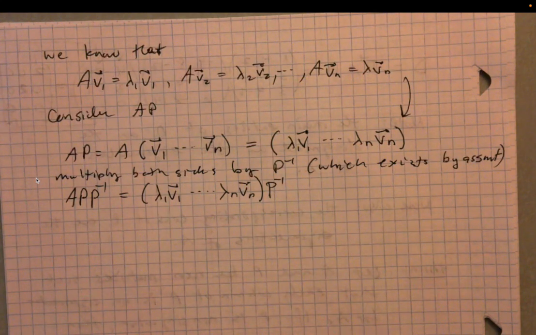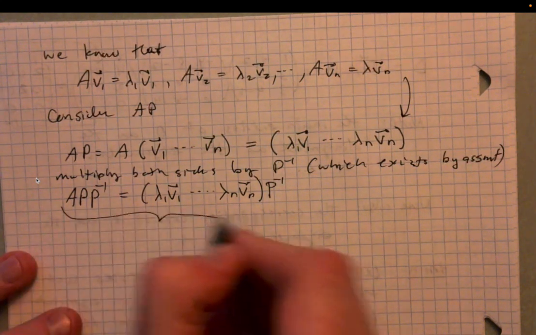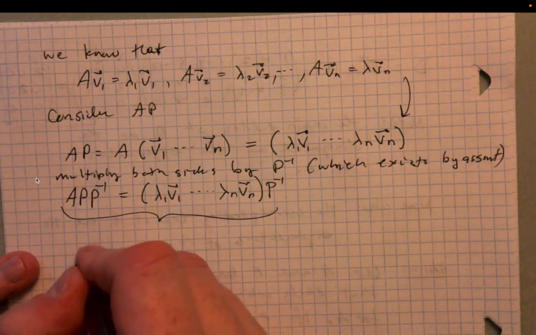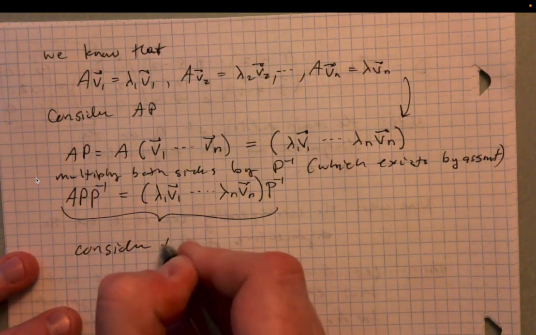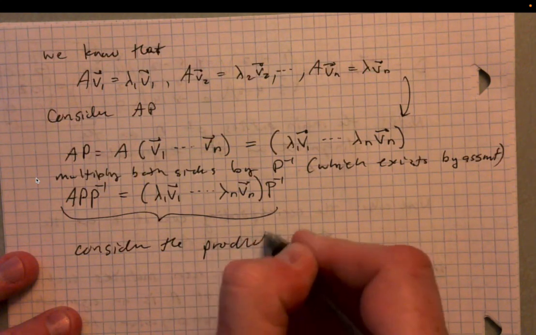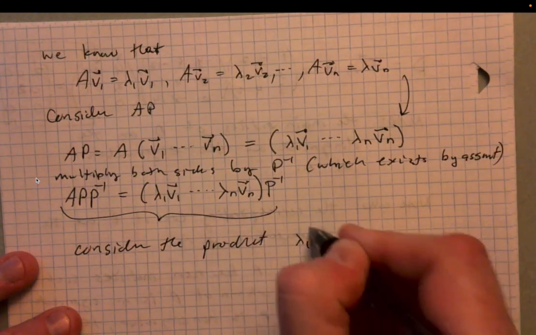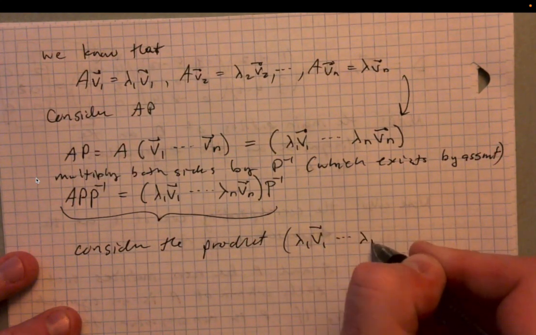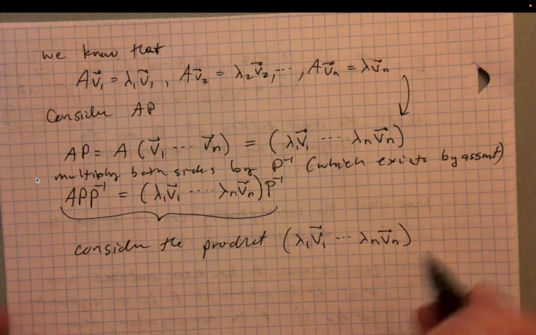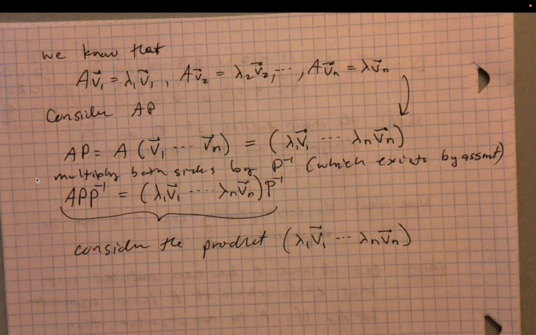And let's consider the product lambda 1 V1 dot dot dot lambda n Vn. This is a matrix where everything in the matrix is multiplied by lambda.